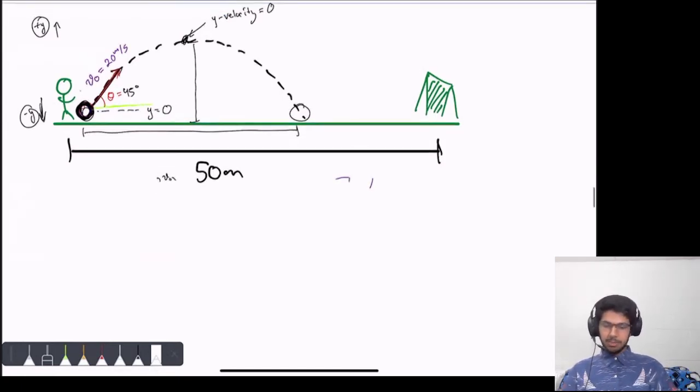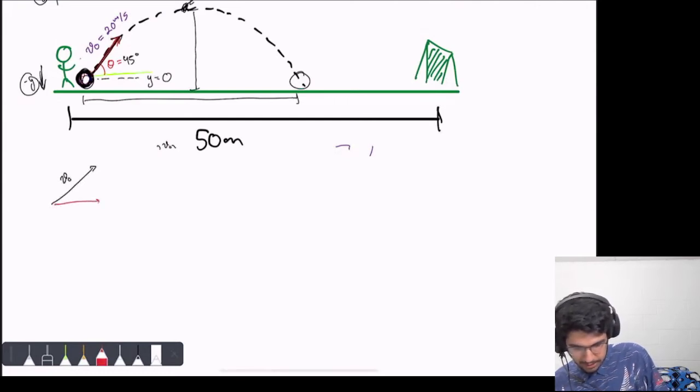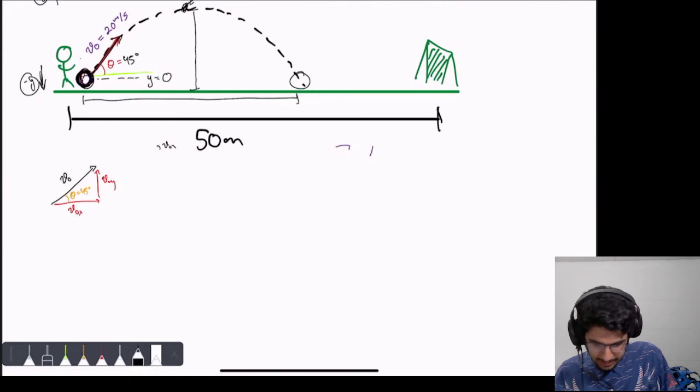So the first thing we did was compute the x and y components of velocity. So I'll do a quick sketch here. This is v naught, right? And then we can draw the perpendiculars. This is v naught x, this is v naught y, and then somewhere in here, this is theta equals 45 degrees, and then what does that tell us?